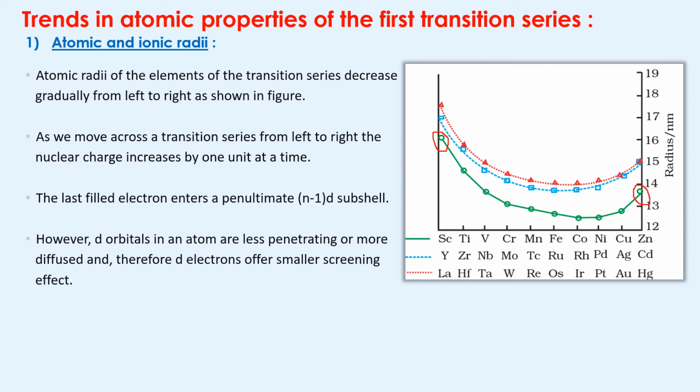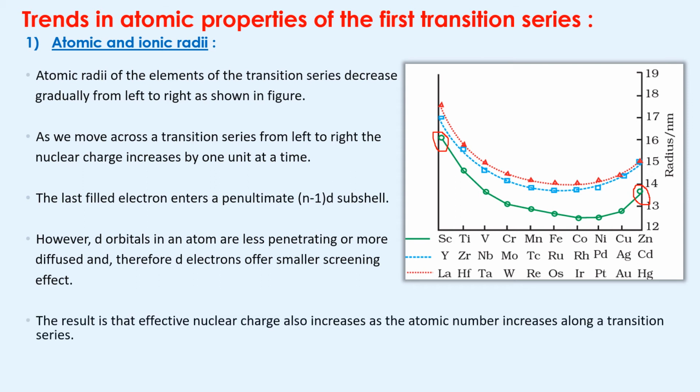As a result, what happens? The effective nuclear charge also increases as the atomic number increases along the transition series. As the d orbital is less penetrating or more diffuse, it doesn't have that much screening effect on your electrons.